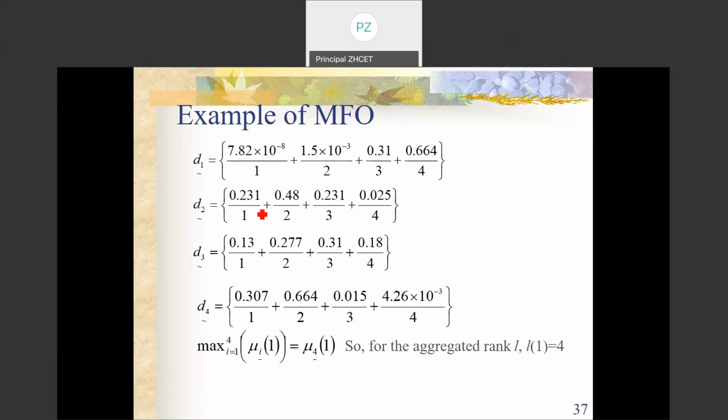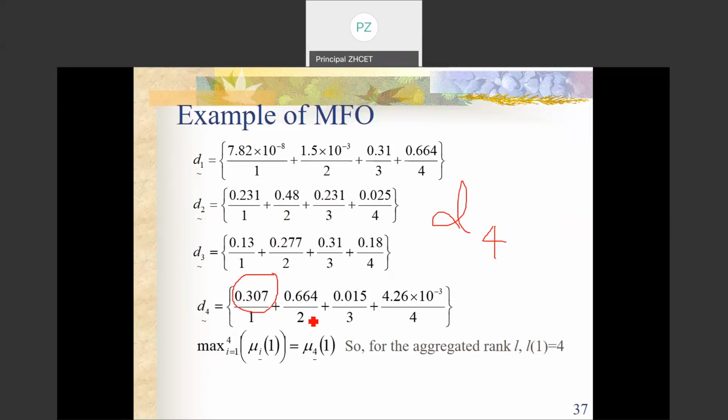At position 1, we find that D4 has the maximum value. That means D4 fits position 1 the best because it has the maximum degree of belongingness at position 1 amongst all the documents. So our aggregated list should have D4.